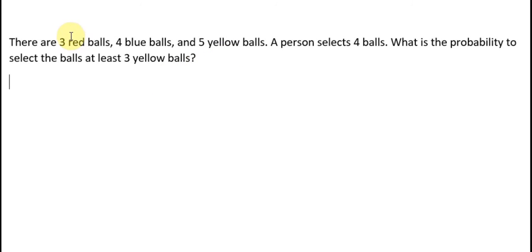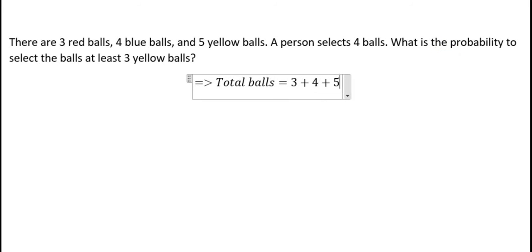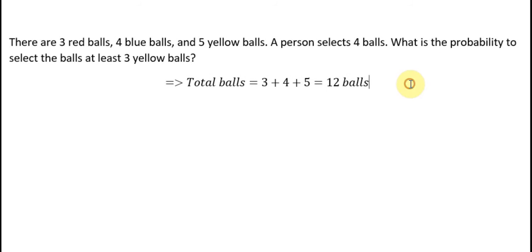First, we need to calculate how many bonds there are in this situation. So we have 3 plus 4 plus 5. We got 12 bonds. The question mentioned we need to find the probability of getting at least 3 yellow bonds.